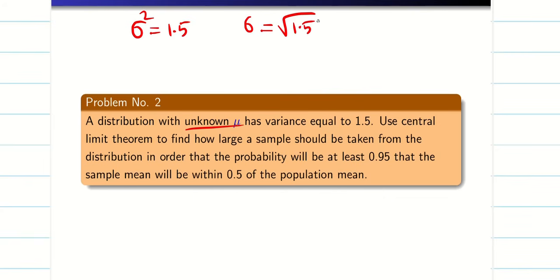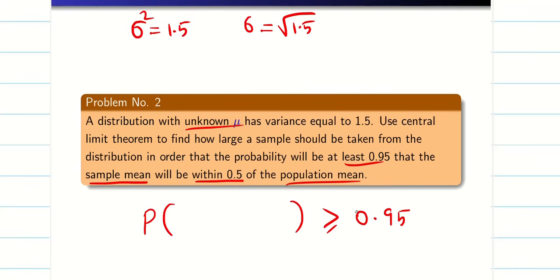variance. Use the central limit theorem. How large a sample should we take from a distribution in order that the probability is at least 0.95 that the sample mean will be within 0.5 of the population mean?